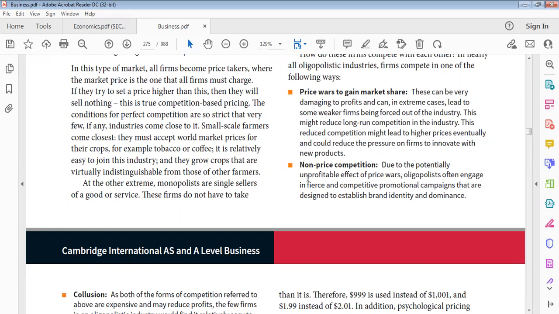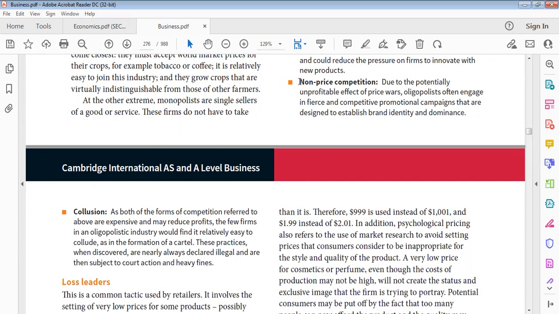There are just two more things and we'll be done for today, inshallah. The first thing is non-price competition. Non-price competition is when you are not cutting the price to get more customers, but rather you're focusing on the quality. You think, I cannot reduce the price anymore because it might cause a price war or reduce my profit.